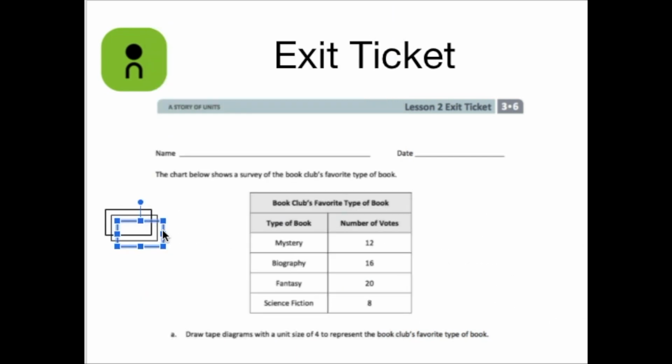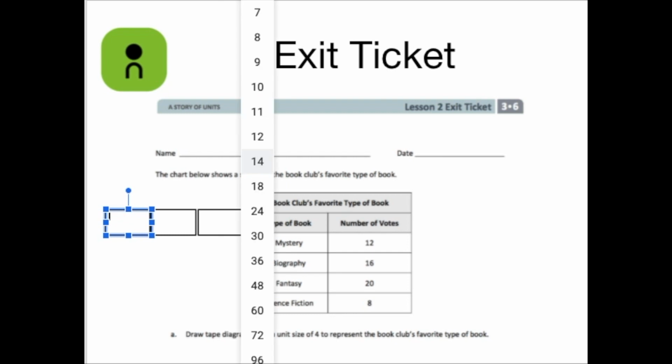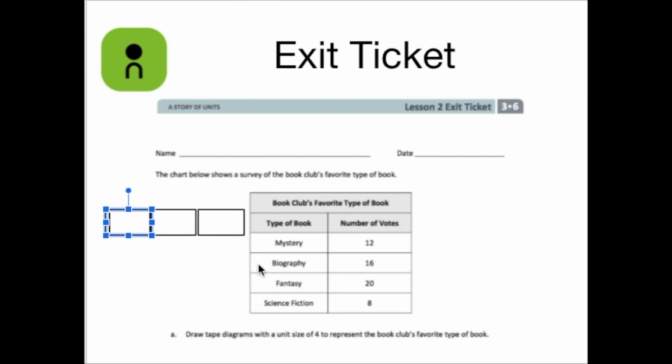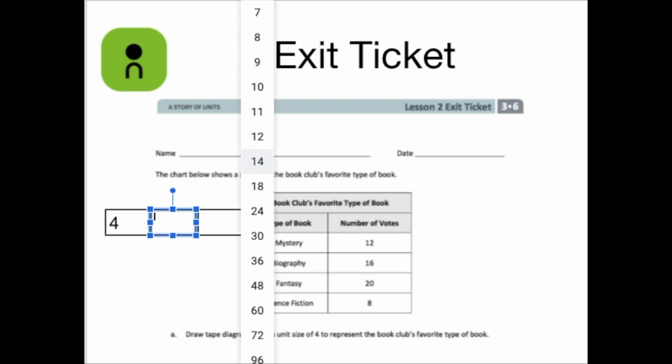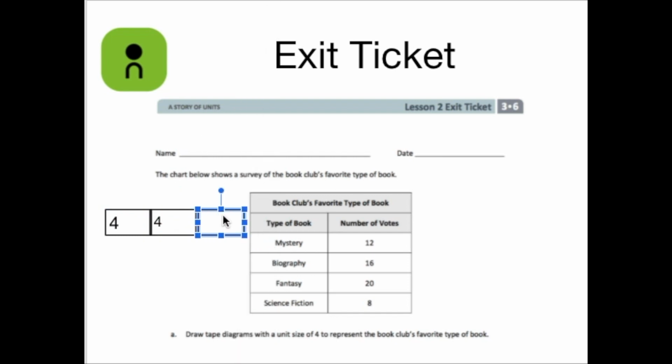It might look a little something like this, where I have each of these boxes labeled with the number 4 in it. This is my tape diagram showing the mystery votes. 4, 8, 12 would be for mystery. Draw tape diagrams with the unit size of 4 to represent the book club's favorite type of book. Well, I know that wasn't the favorite type of book, so I'm going to keep going.